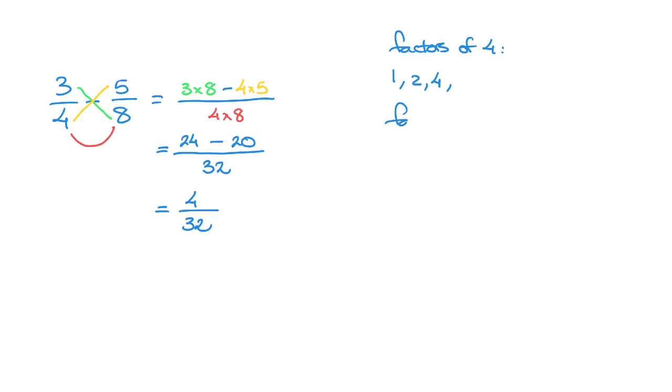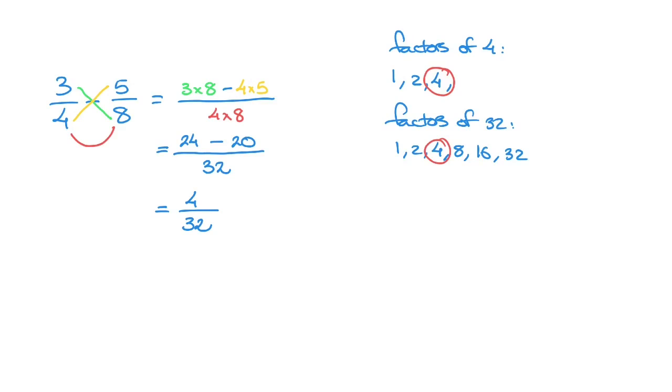The factors of 32 are 1, 2, 4, 8, 16, and 32. We now look for the highest common factor. That's the largest number which both of these lists have in common. And it doesn't take us too long to see that that's 4.